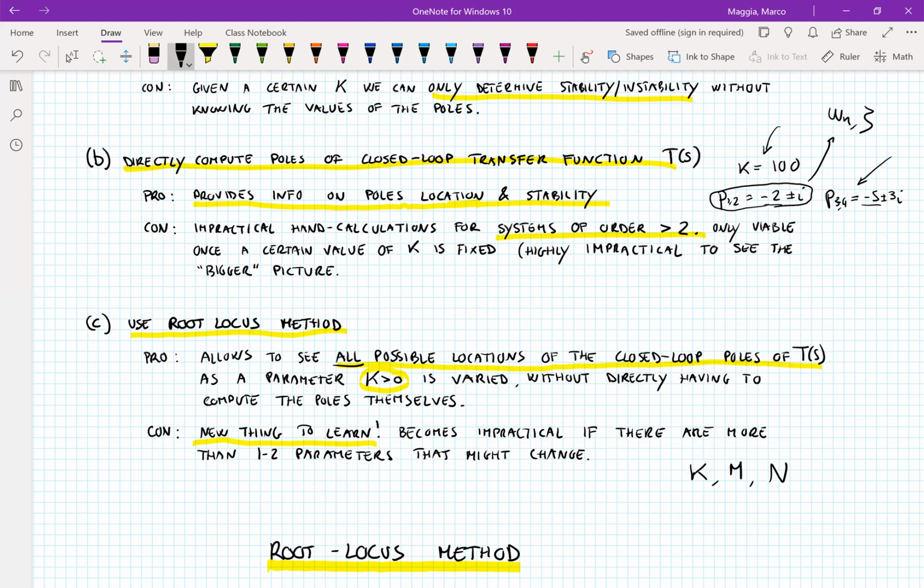So usually the root locus is used when we have a variation of only one parameter, or at most two. If you had two, you would fix one and calculate all the possible solutions for the variation of K, and then you would have to have another root locus for a different value of M. So it gets a little bit impractical when we already have two parameters. It is a good thing, though, when we have only one parameter that changes.